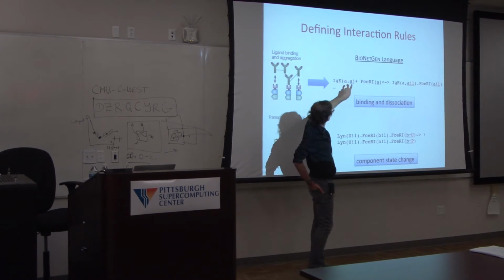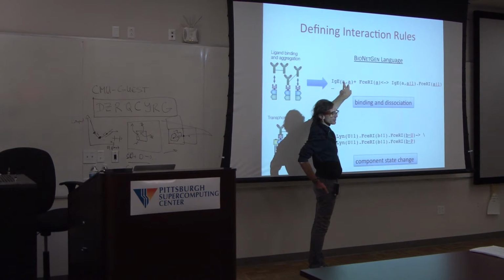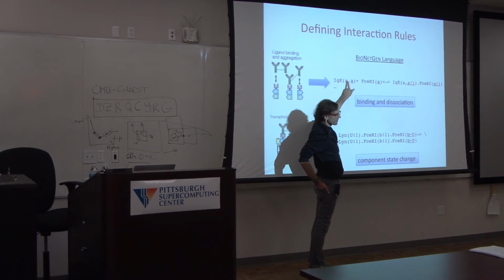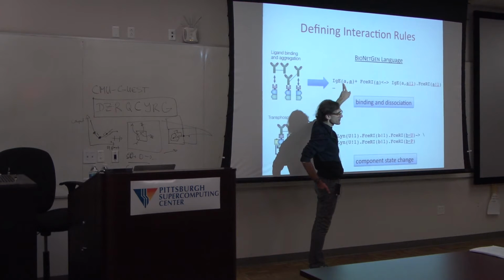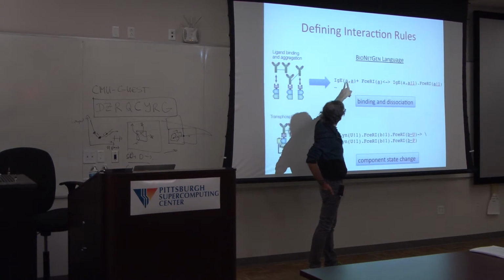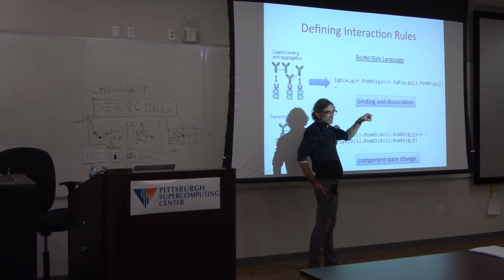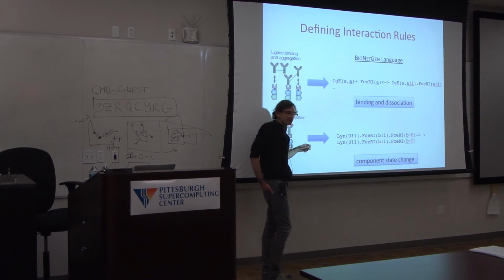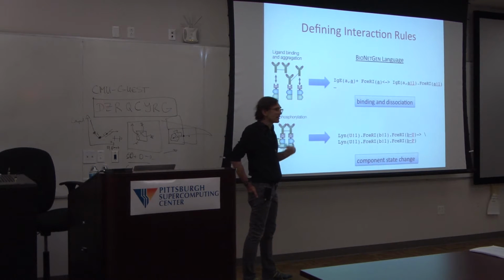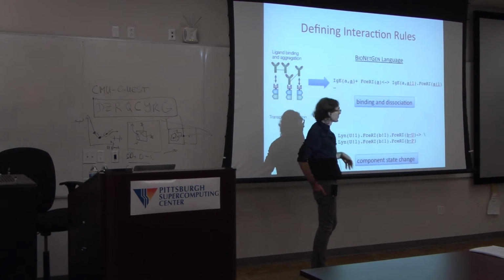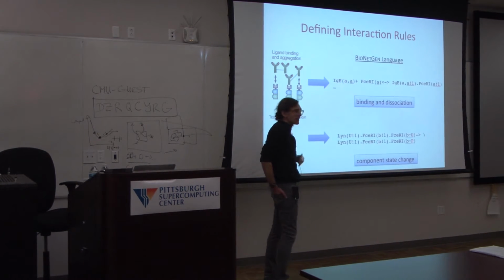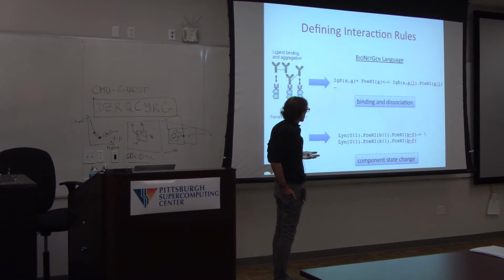And BioNetGen recognizes the symmetry of this situation. So these components are considered exactly symmetric for all purposes. So the fact that there are two binding sites called A means there are two sites on that protein that are going to behave identically. Okay, and that's going to create symmetry factors or multiplicity factors in reactions that I generate as a result of that property.